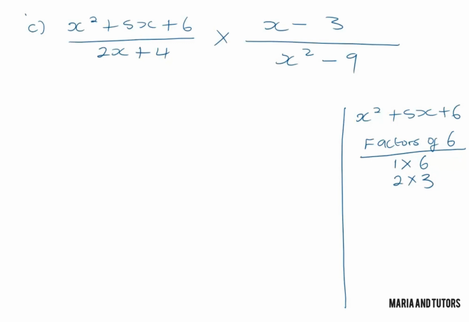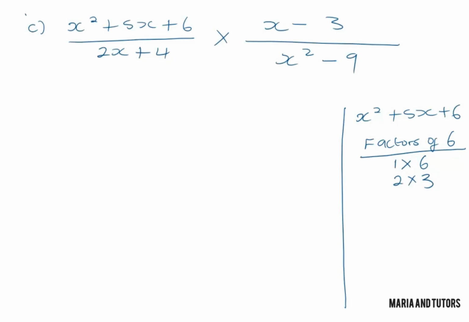When we're done doing so, we're going to take a pair of factors that when added or subtracted are going to give us what? The coefficient of x. The coefficient of x in this case is what? Positive 5. So the pair of factors that when added will give us positive 5 that we can work with in this case are 2 and 3.